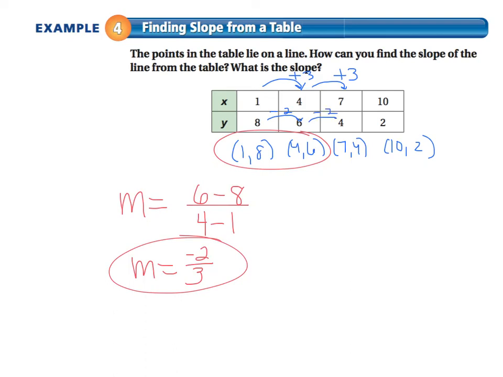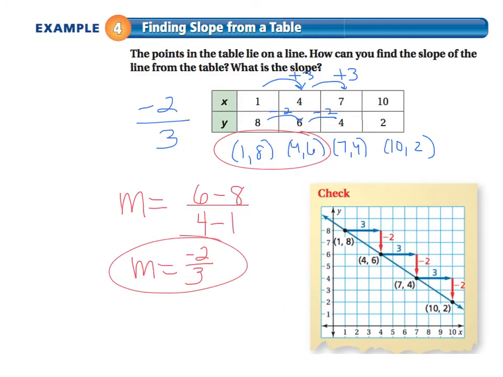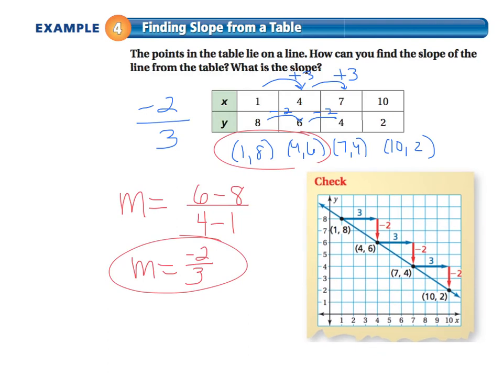So change in y is negative 2 divided by change in x is 3, same thing. If you wanted to check it, you could go one step further and graph it, and show that it goes downhill with a rise of negative 2 and a run of 3.